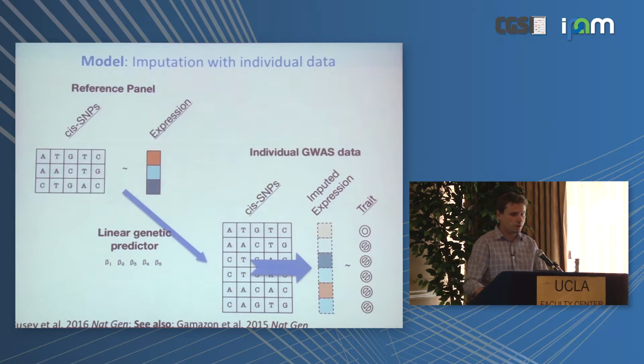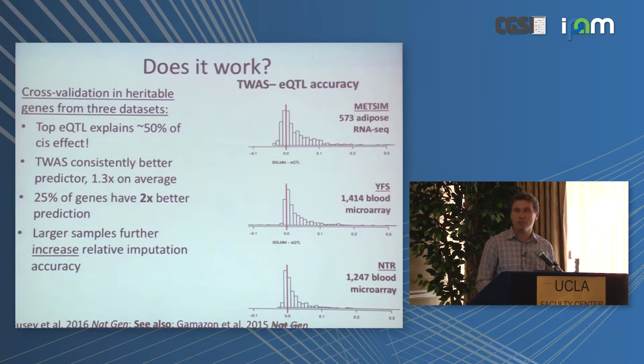Okay, so the first question is, that sounds really interesting, but does it really work? And the short answer is yes, it works really well. And the reason is that the genetic effects locally on expression are much larger than in GWAS, so you need much smaller sample sizes to train that model. Furthermore, if you just restrict yourself to the top genetic variant associated with expression, that usually, on average, explains roughly half of the entire variation.